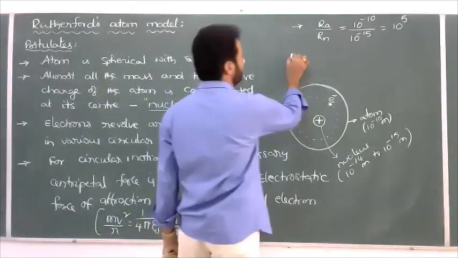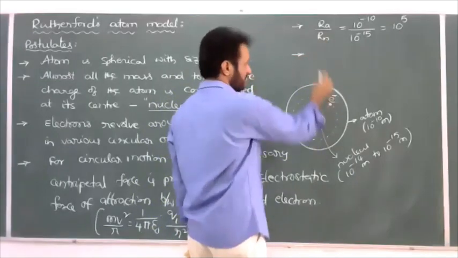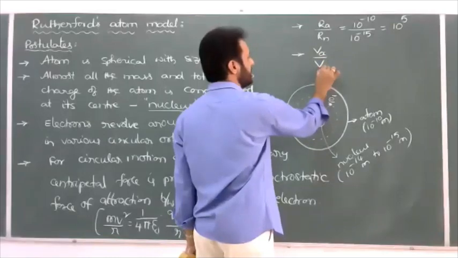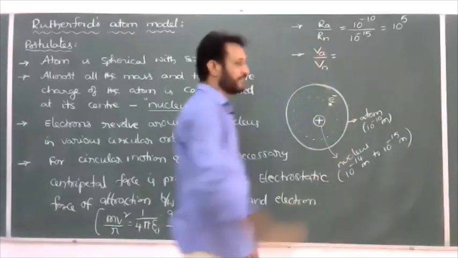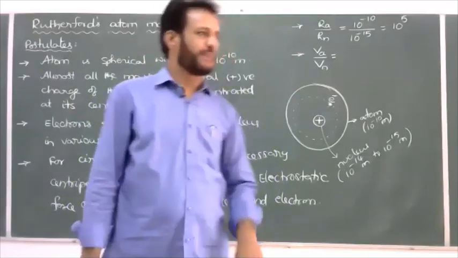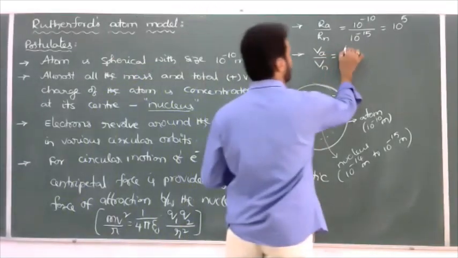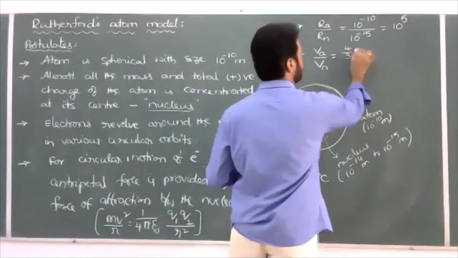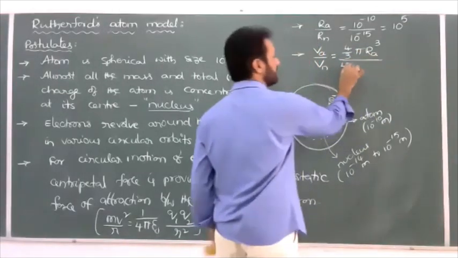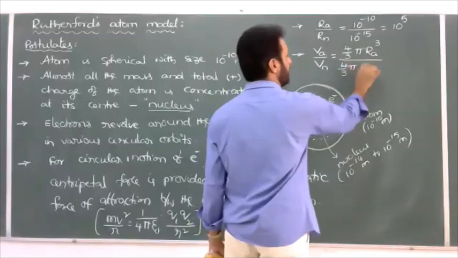For example, if you want to find volume, I'll take the volume of the atom by the volume of the nucleus. What is the volume of a sphere formula? 4 by 3 pi r cube. I'll write here volume of the atom, 4 by 3 pi r atom cube, by, for nucleus, 4 by 3 pi into r nucleus cube.